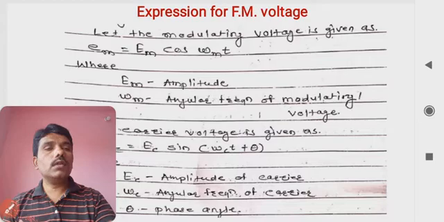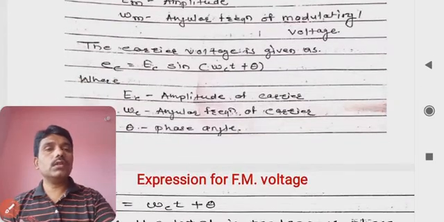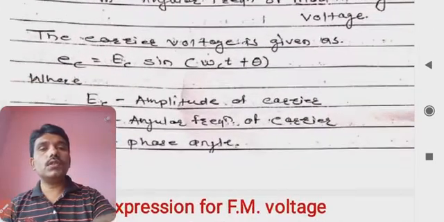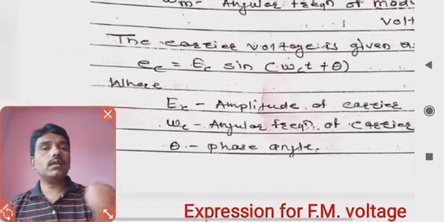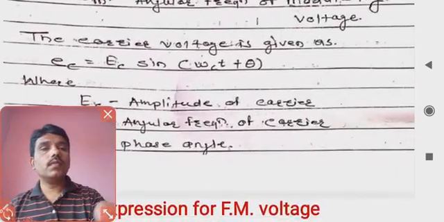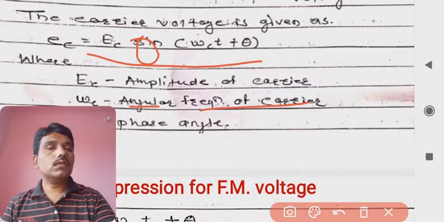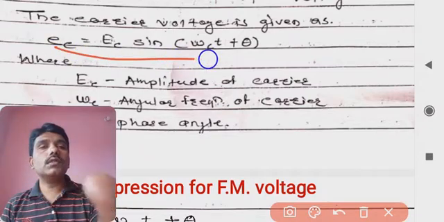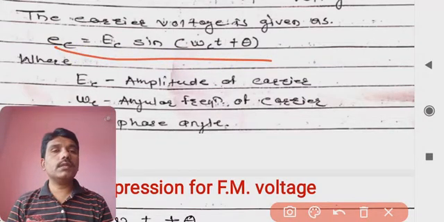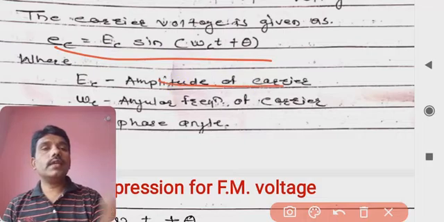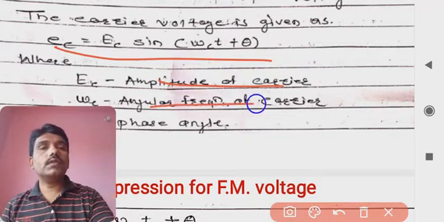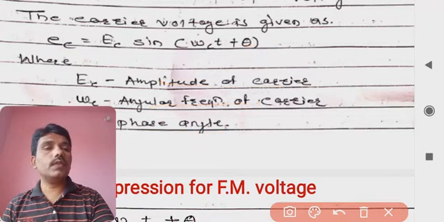Again we know the carrier voltage is given as ec equal to Ec sine of omega c t plus theta. Ec is the amplitude of the carrier voltage, omega c is the angular frequency of the carrier voltage, and theta is the phase.